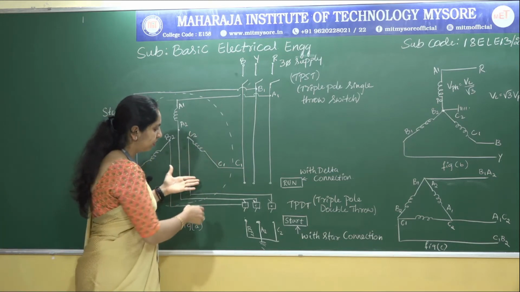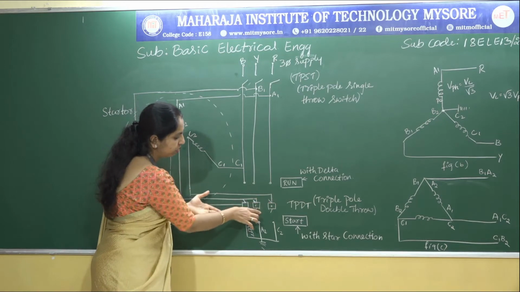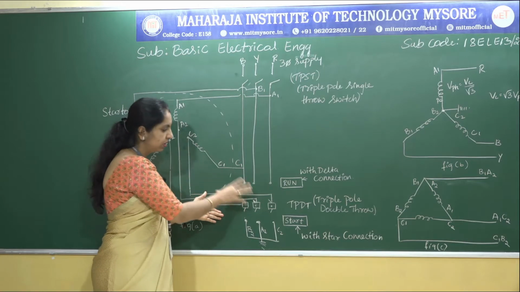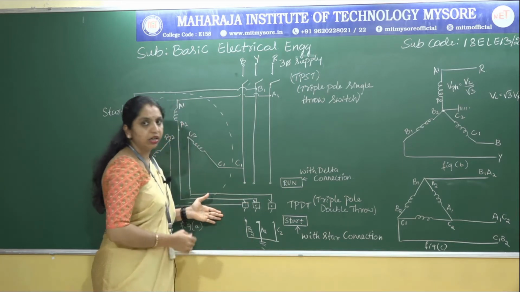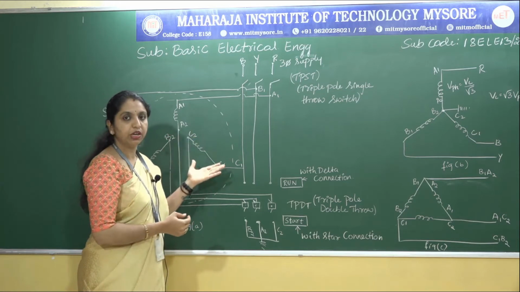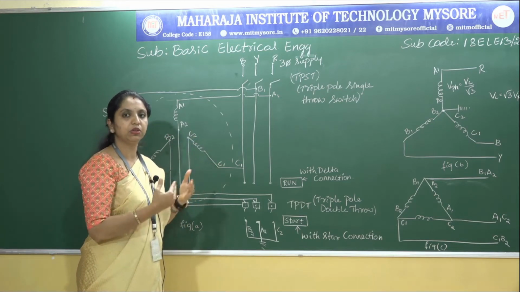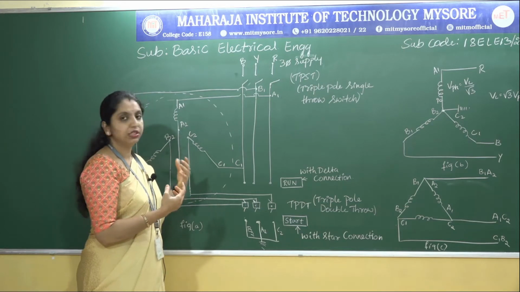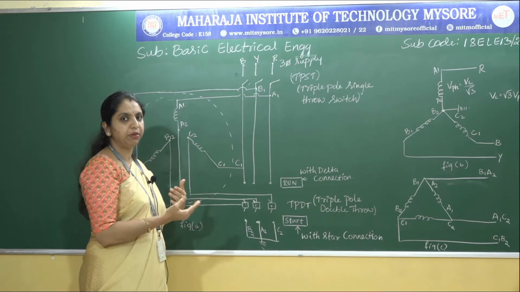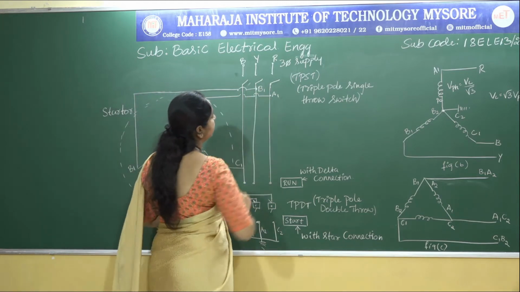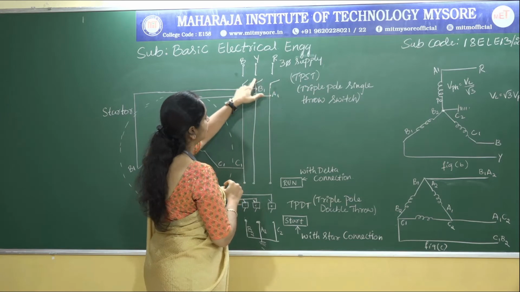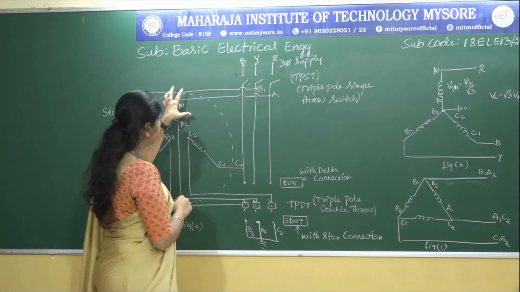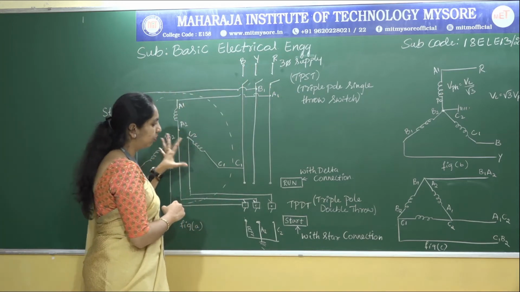As I indicated, initially the TPDT switch is at the start position, so one end of the winding is given to the ground point, and the other end of the winding is supplied with voltage, because it needs a supply. When the TPST switch is closed, we get a three phase supply, which is given to the stator winding.